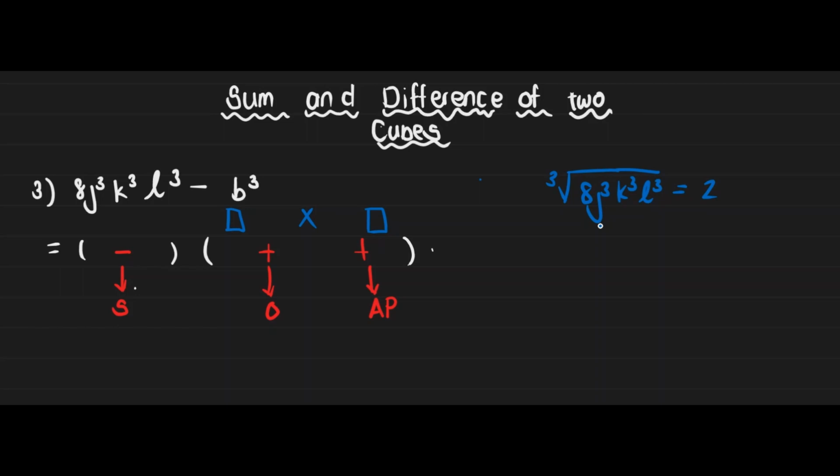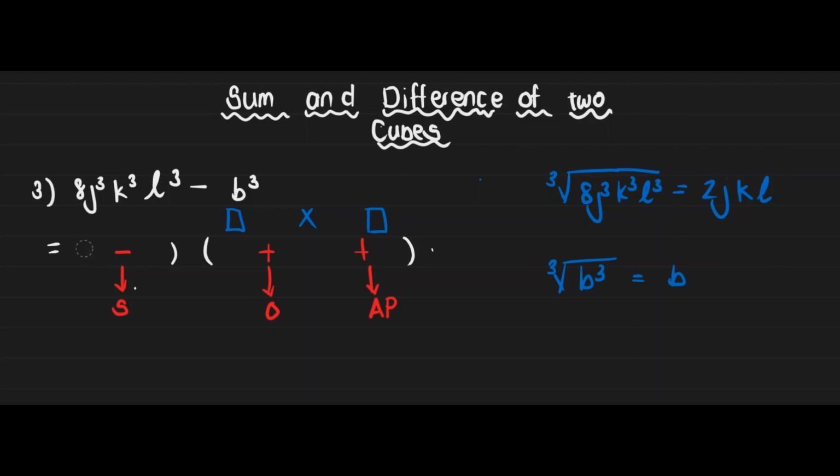The cube root of j cubed is just j, the cube root of k cubed is just k, and the cube root of l to the power 3 is l. So this will be your first term. Now let's find the cube root of the second term, which is the cube root of b cubed, which is just b.